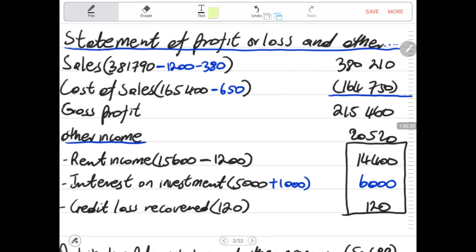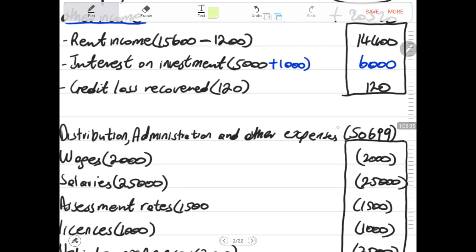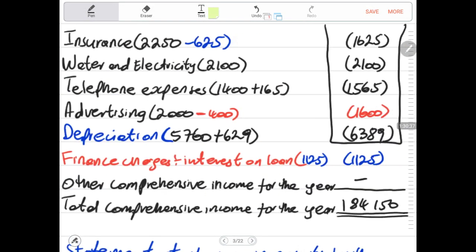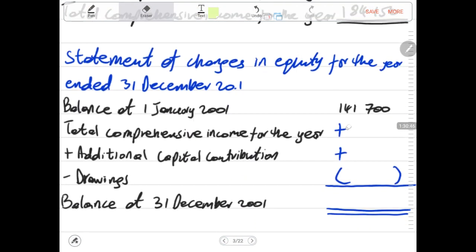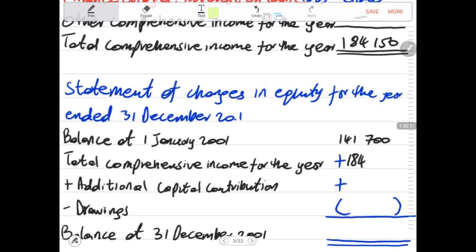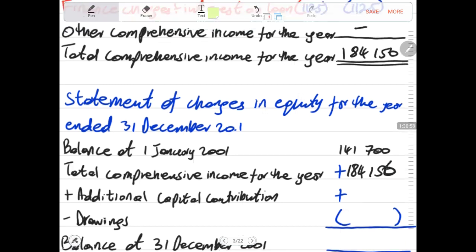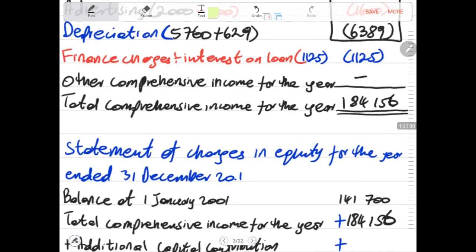Remember, this will be calculated by saying gross profit plus incomes minus expenses, and don't forget minus finance costs, because finance costs would not have been included in the expenses. The 184,156 goes here exactly.